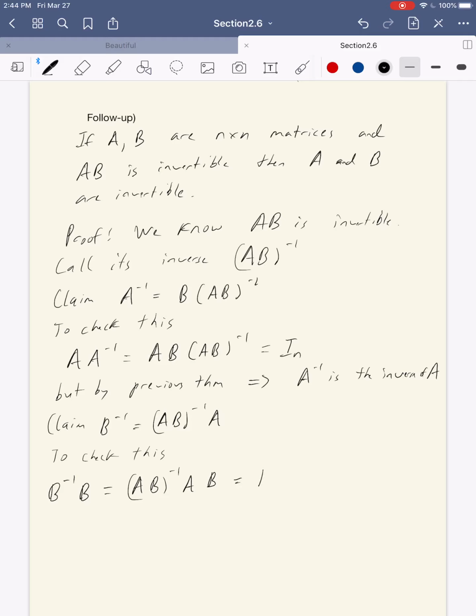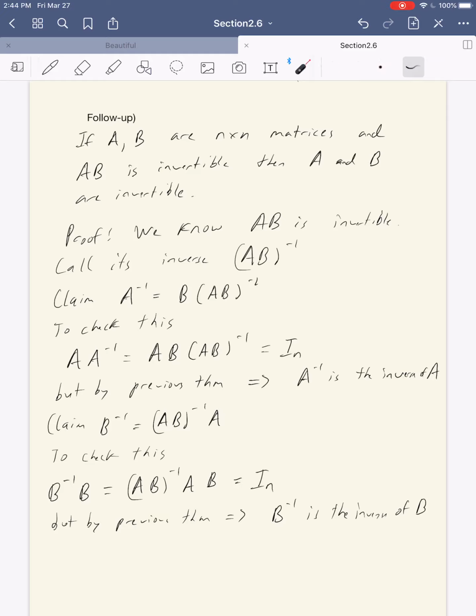So we can say that that is the identity matrix. Well, but by the previous theorem, this implies that B inverse is actually the correct inverse of B. And that's what we wanted to show.